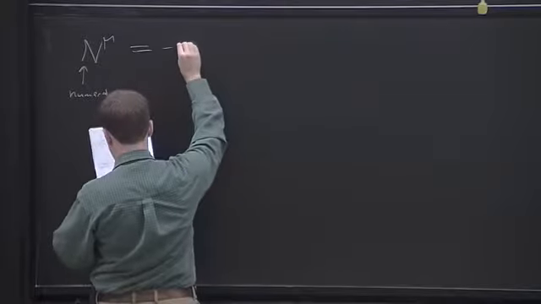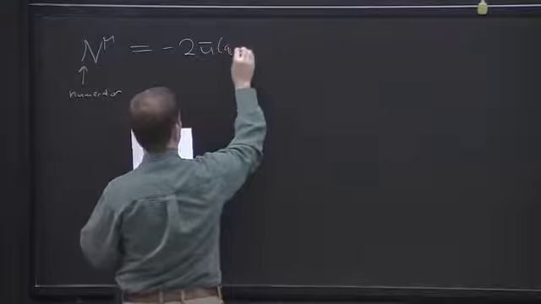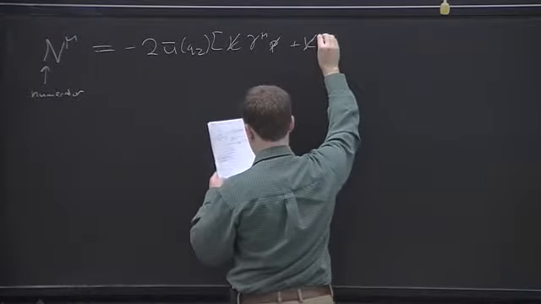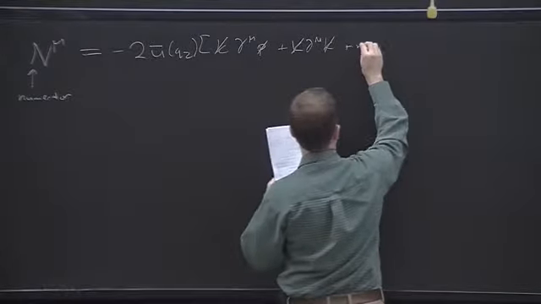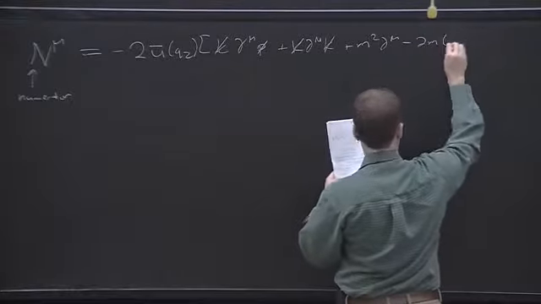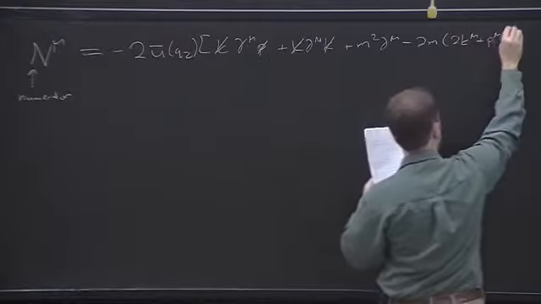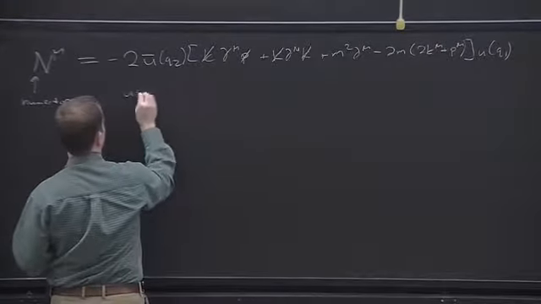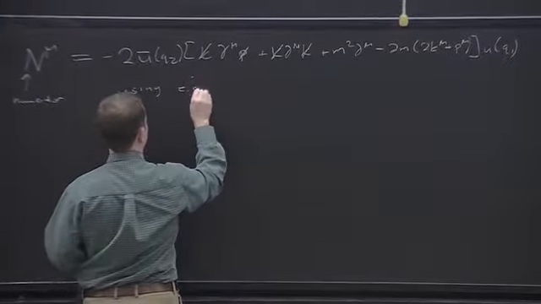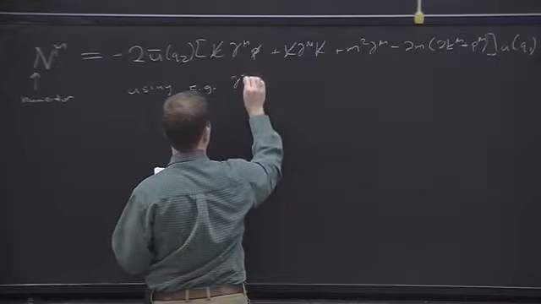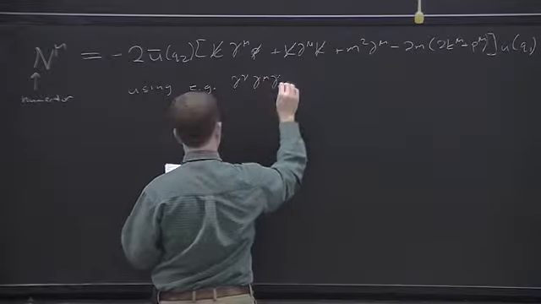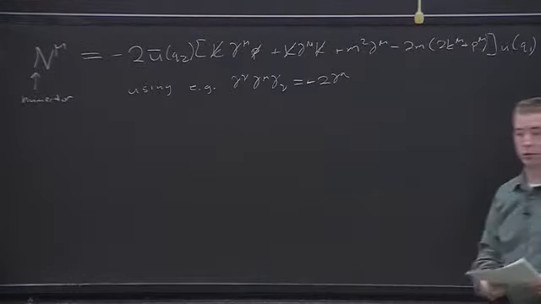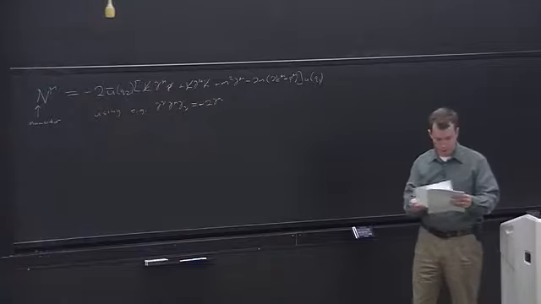If you do that, it takes the following form: ū of q2, k-slash γ^μ, p-slash plus k-slash γ^μ, k-slash plus m squared γ^μ minus 2m(2k^μ plus p^μ), u of q1. All I've done is take the numerator and use identities like the ones you're familiar with from QFT1, so things like γ^μ γ^ν γ_μ is minus 2 γ^ν, and similar identities for more gamma matrices. We'll go through that algebra on the board.